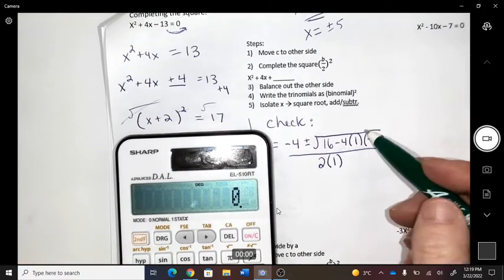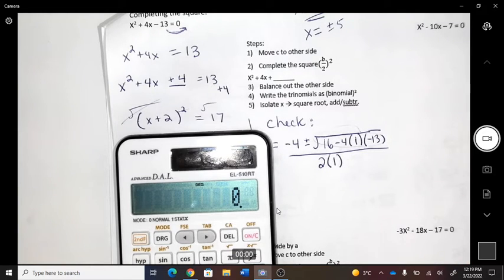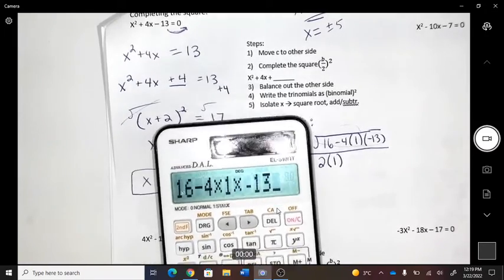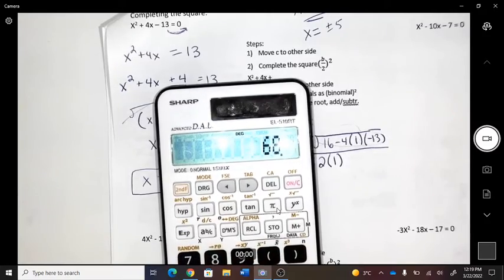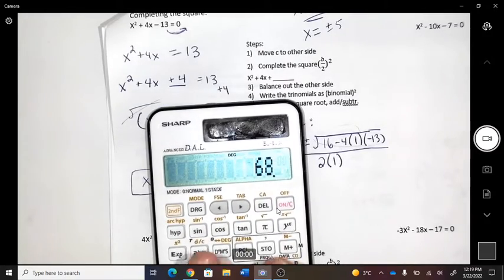In my calculator, I'm just doing this underneath stuff, which is called the discriminant. So 16 subtract 4 times 1 times negative 13 is the root of 68.